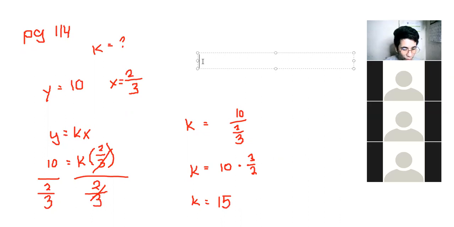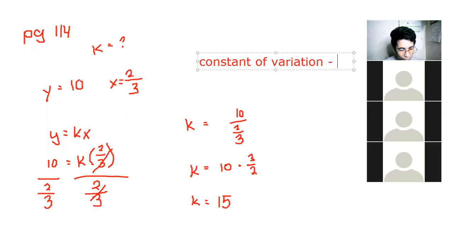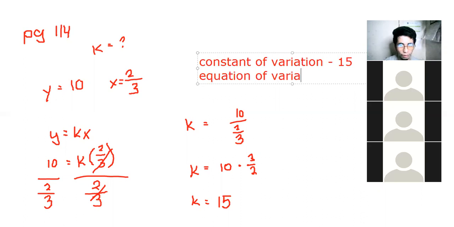So, we have the constant of variation. The constant of variation is 15. Then, what is our equation of variation? Our equation is y is equal to 15x.